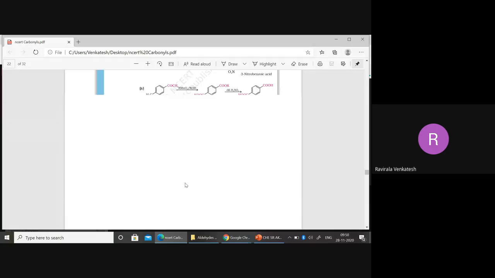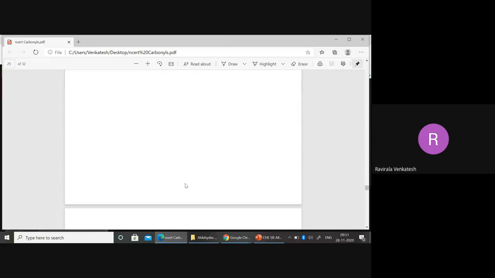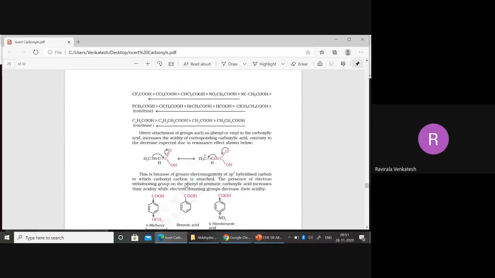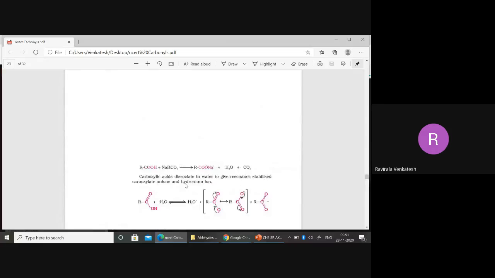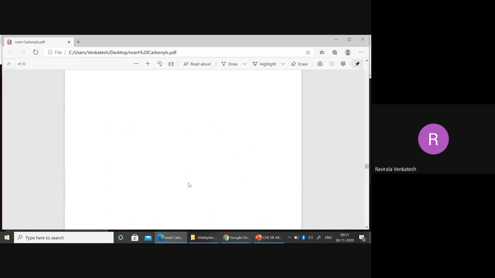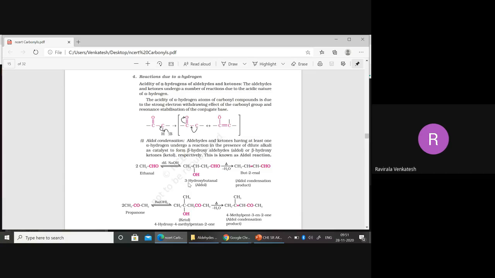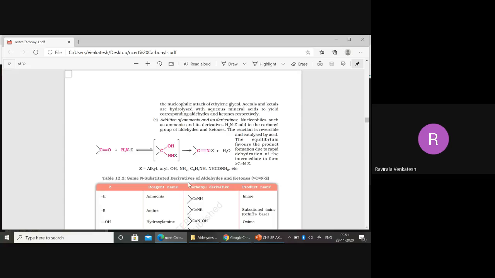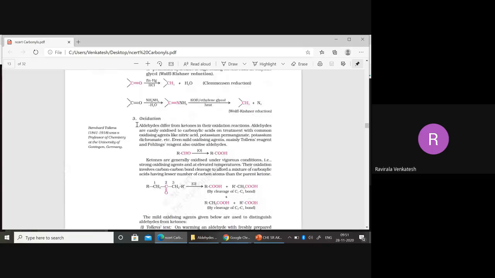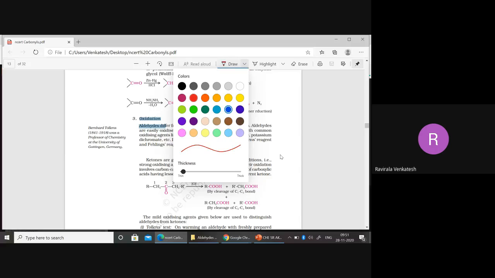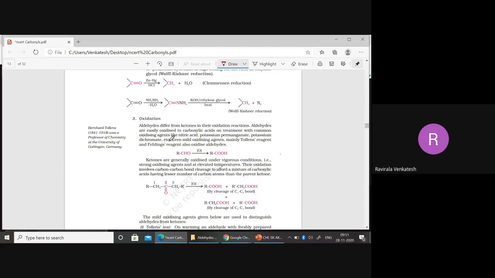Now, this part, oxidation reactions, right? So first of all, we see normal oxidations, then we'll take the important one also.